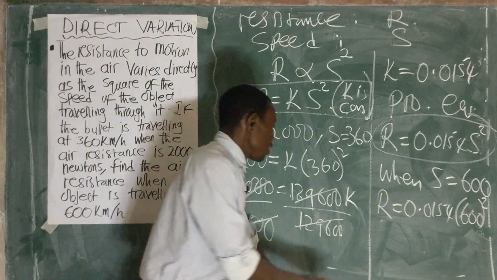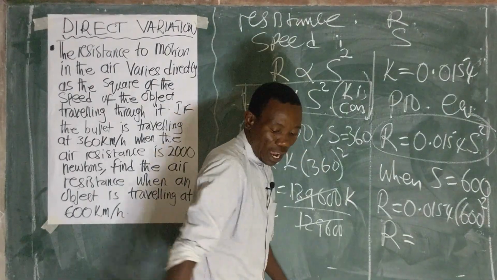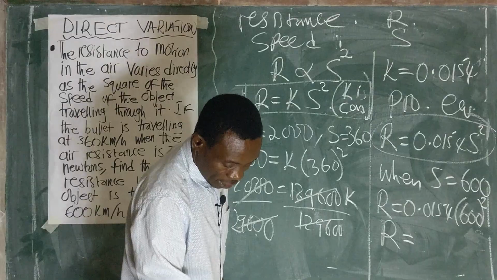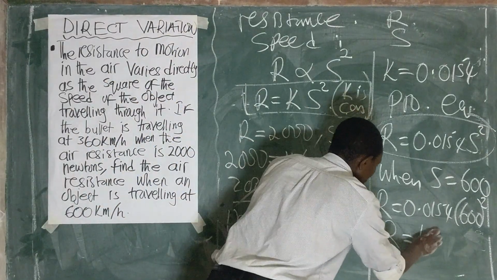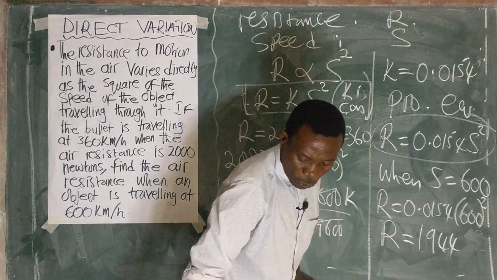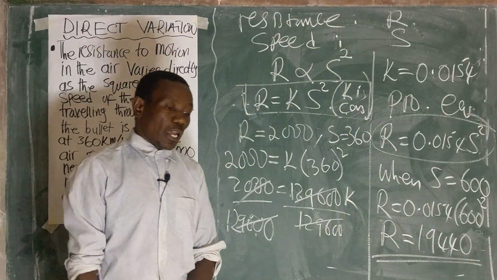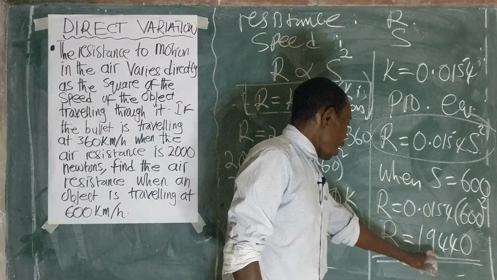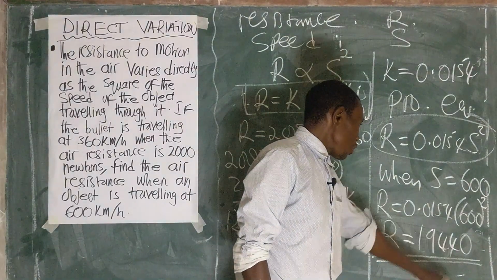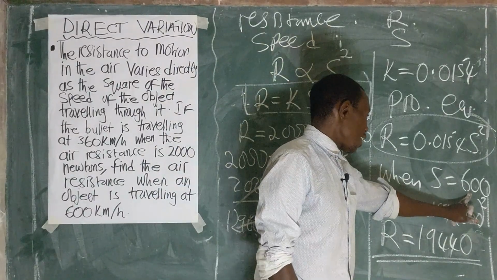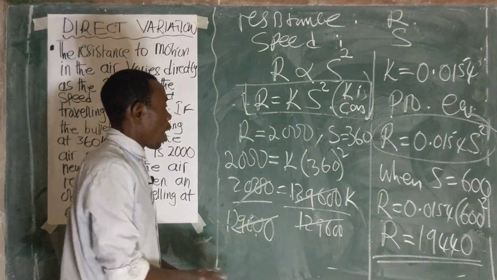If you simplify this, you have the resistance as 19,440 newtons, while the speed is 600 kilometers per hour.